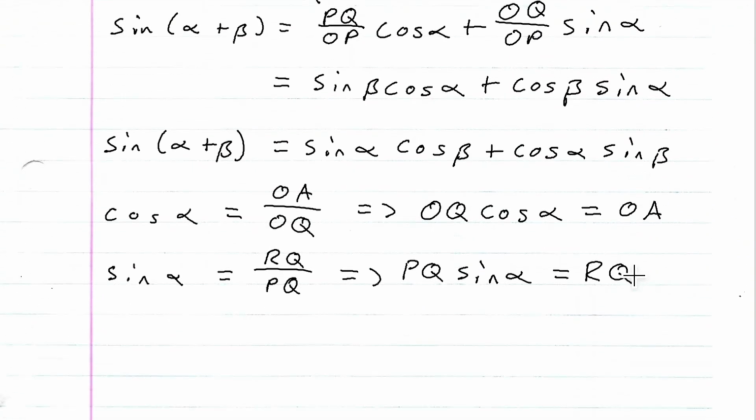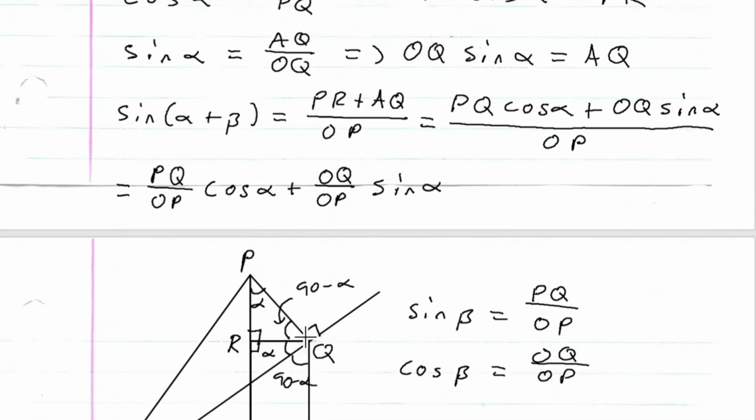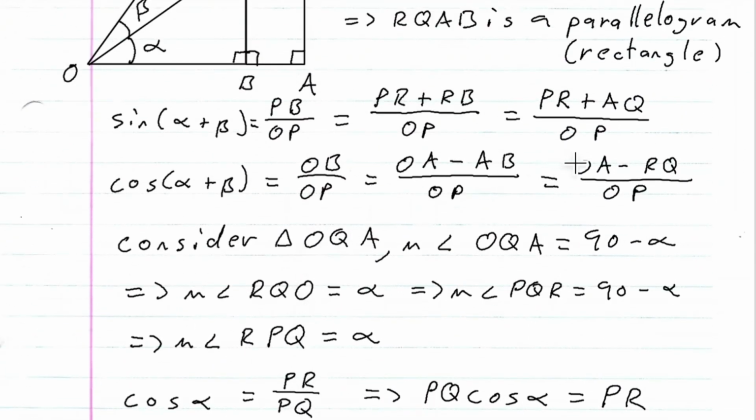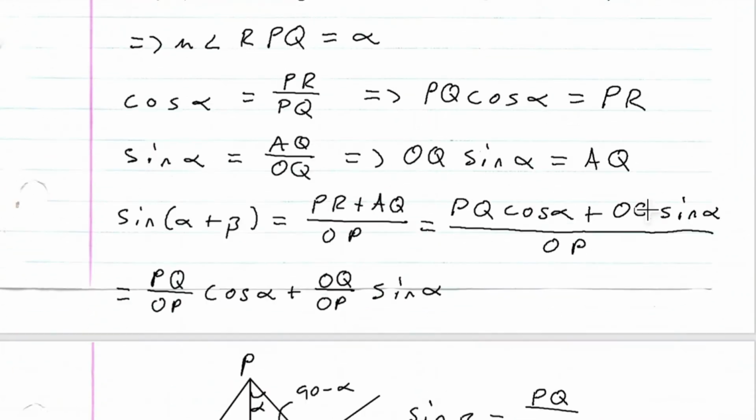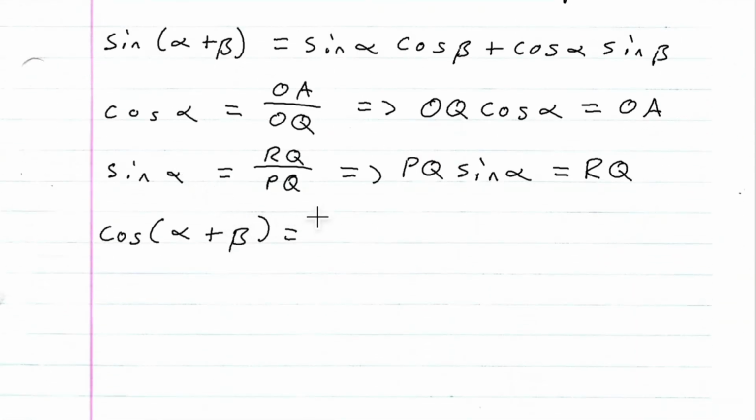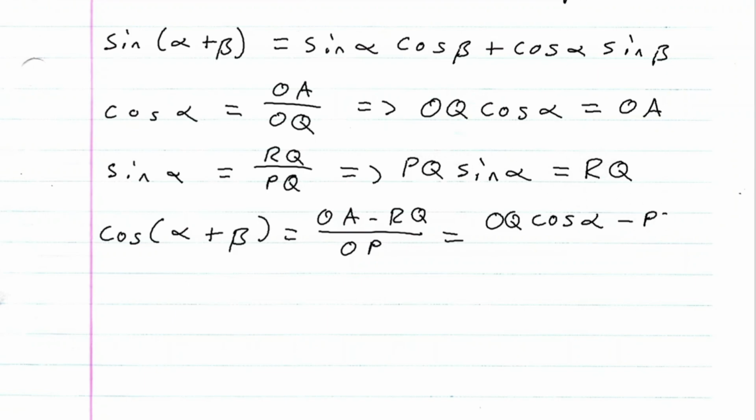So now, remember, cosine of alpha plus beta is equal to OA minus RQ over OP. Now we know OA is OQ cosine alpha minus, and RQ is PQ sine alpha, over OP.